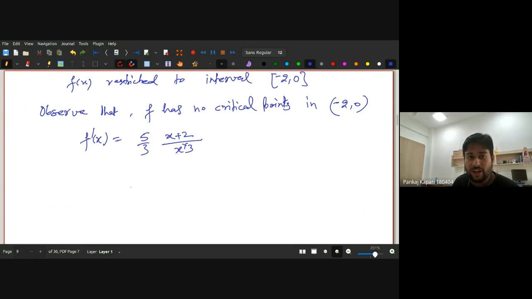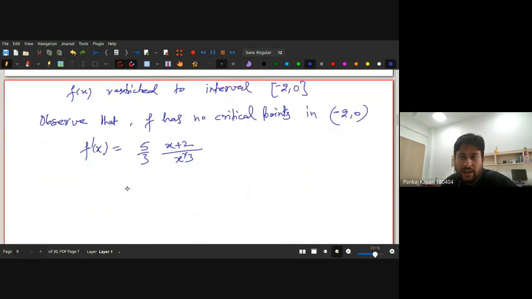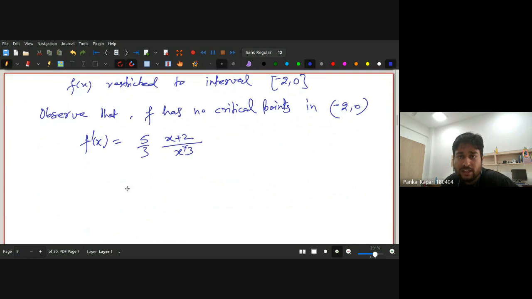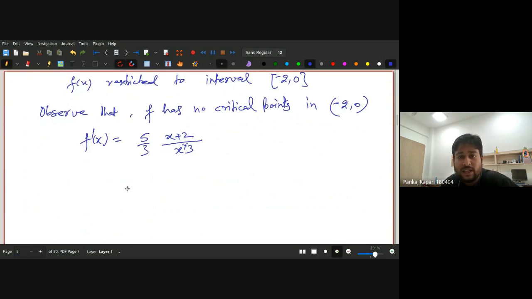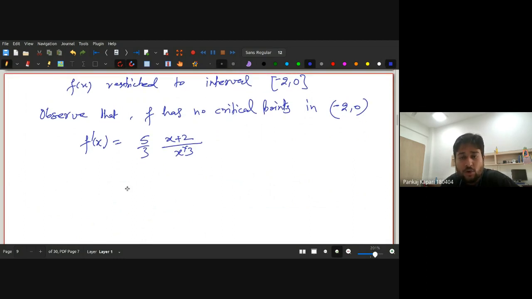And we already know that -2 was the point of local maxima and 0 was the point of local minima, and there are no other critical points. So these points must be the points of absolute maxima and minima.